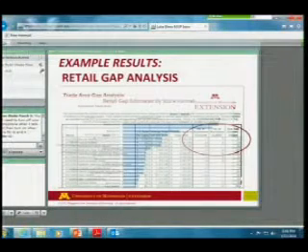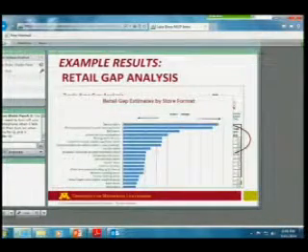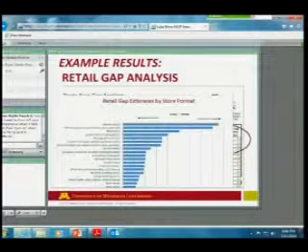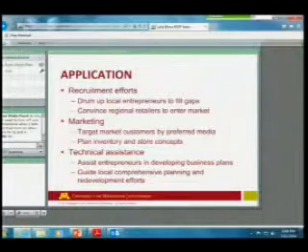We either find a business demand or a supply. So if you see here, this is in its graphical format. Is there a leakage of people's sales outside of the trade area? If so, what types of businesses is the trade area leaking, and so forth.